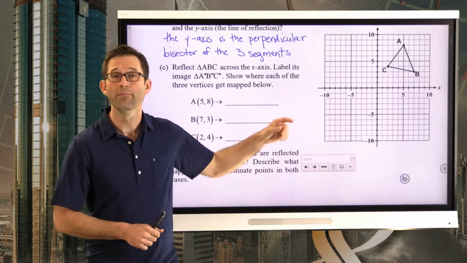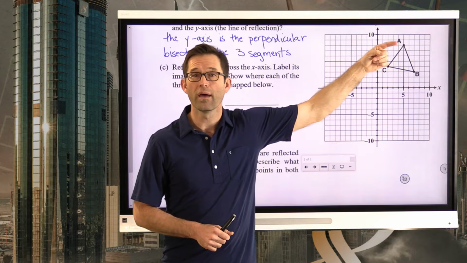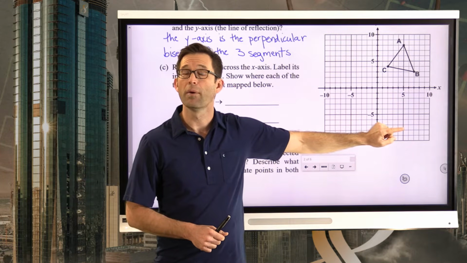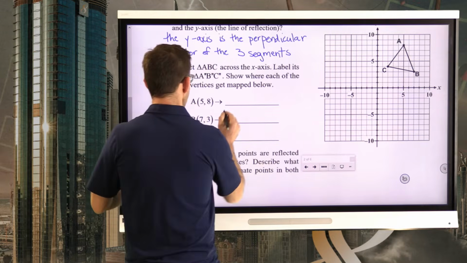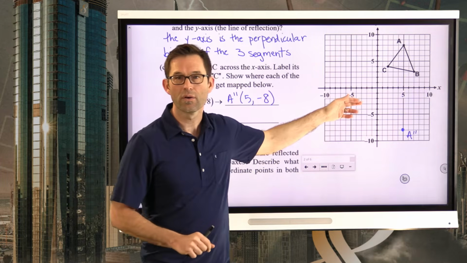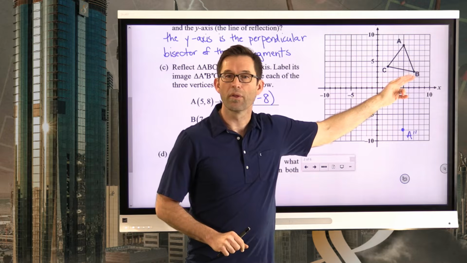All right, here we go. If I took point A at 5, 8 and flipped it down, it would end up at 5, negative 8. So A double prime is 5, negative 8, which is right down here. B double prime, well, here we're out at 7, 3.